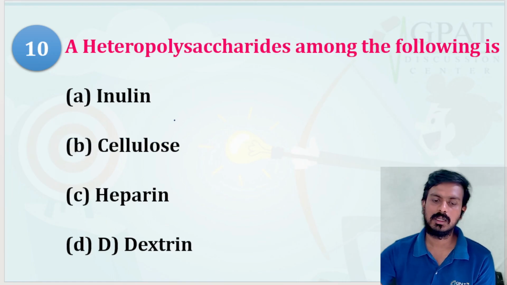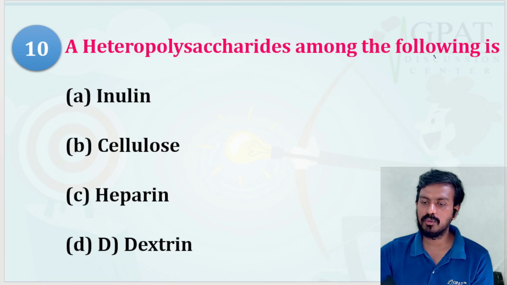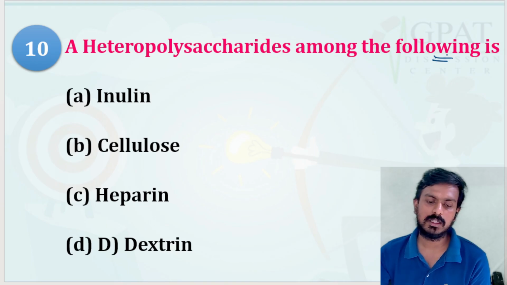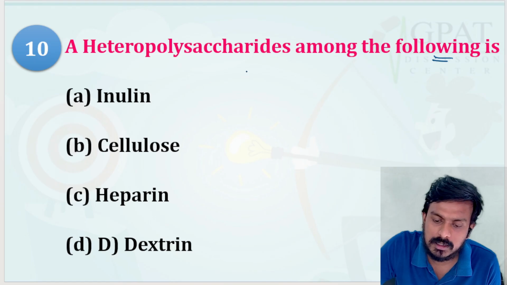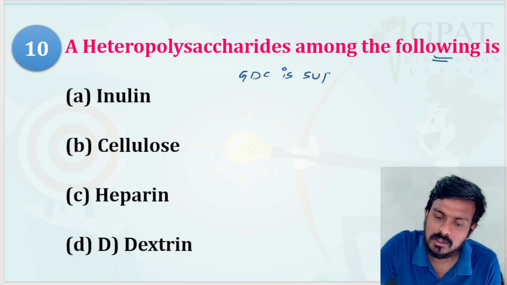Okay. Next question. A heteropolysaccharide among the following. Okay, so there is a mnemonic I have told you. The mnemonic is GDC is super. I told you this type of question can be asked.